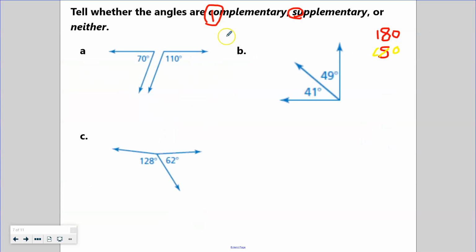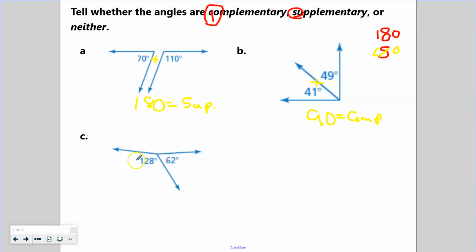All right, so right here, 90 complementary, supplementary 180, right? So I look at these, well, 110 plus 70, well, that's 180. So I would say that that is a supplementary angle. 49 plus 41 makes 90, so that is what we call complementary.